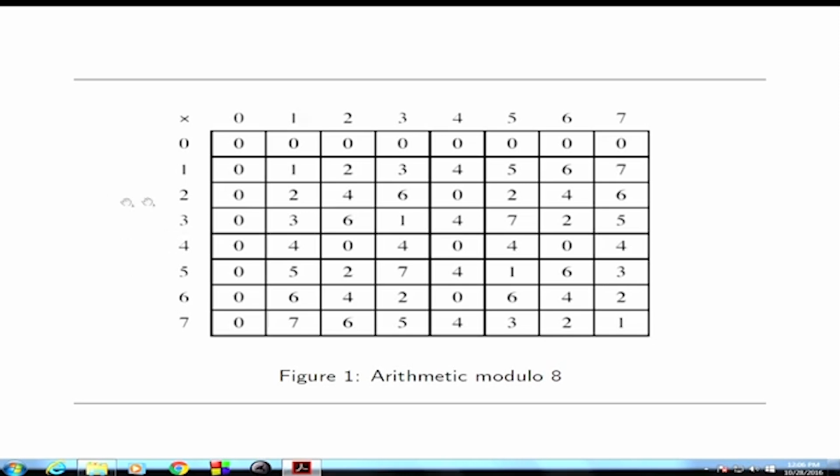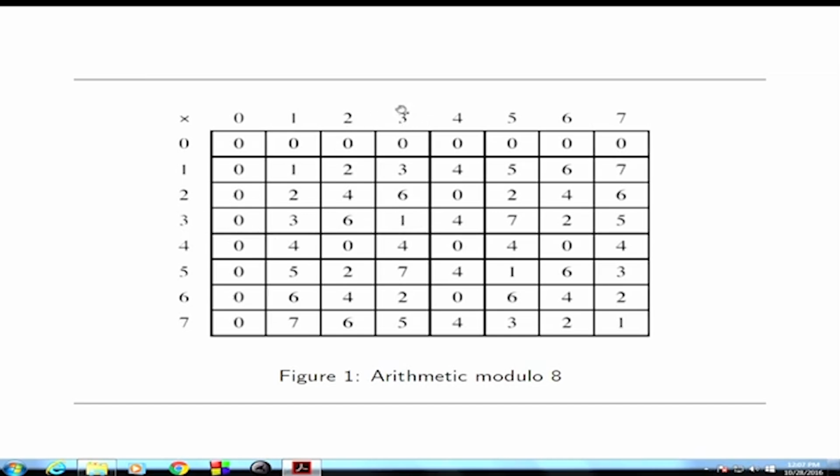But if we take 2 as A, does 2 have an inverse or not? For an inverse, there should exist a B such that 2 into B gives us 1, but there is no 1. So, 2 has no inverse under mod 8, but if you consider 3, then we see here is a 1. So, that means 3 has an inverse.